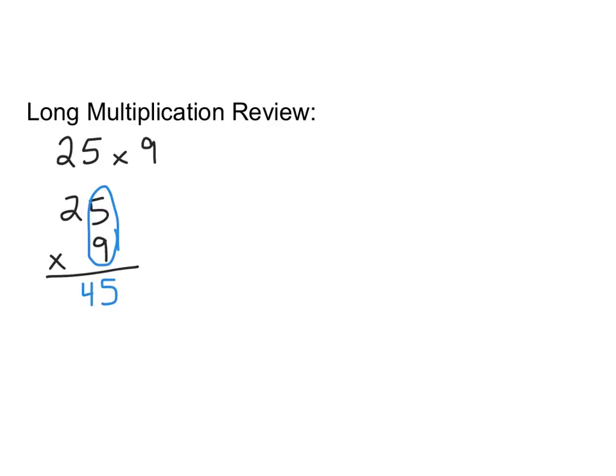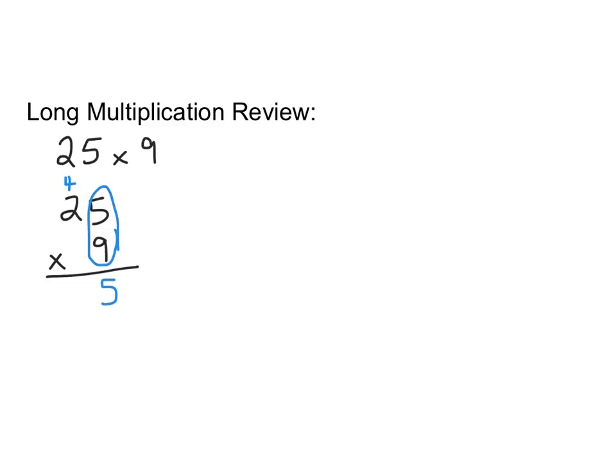45. But just like with long addition, we don't actually write down the 4 down there yet. We just want to keep the 5. So the 4, instead, we write that up at the top because we know that's going to be part of the next place value, because it's in the tens place, not the ones place. So then we do 9 times 2, and that gives us 18.